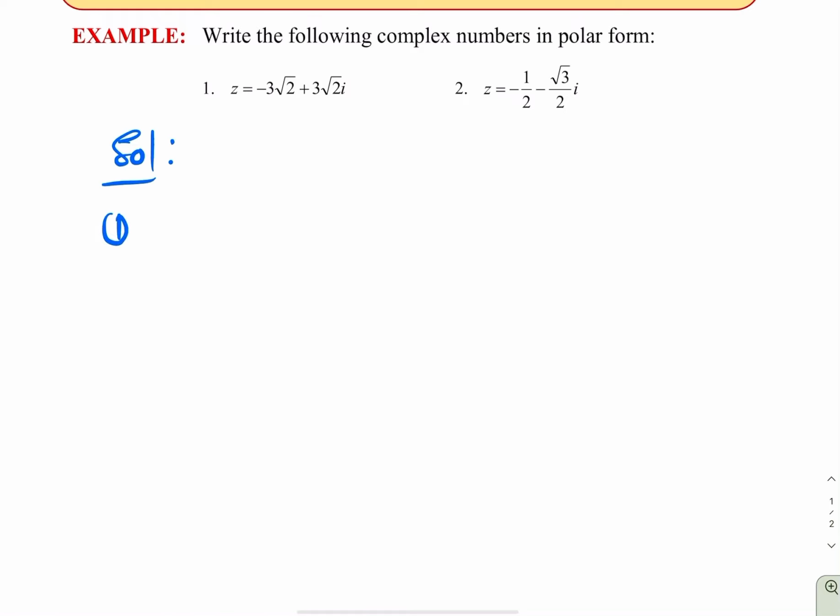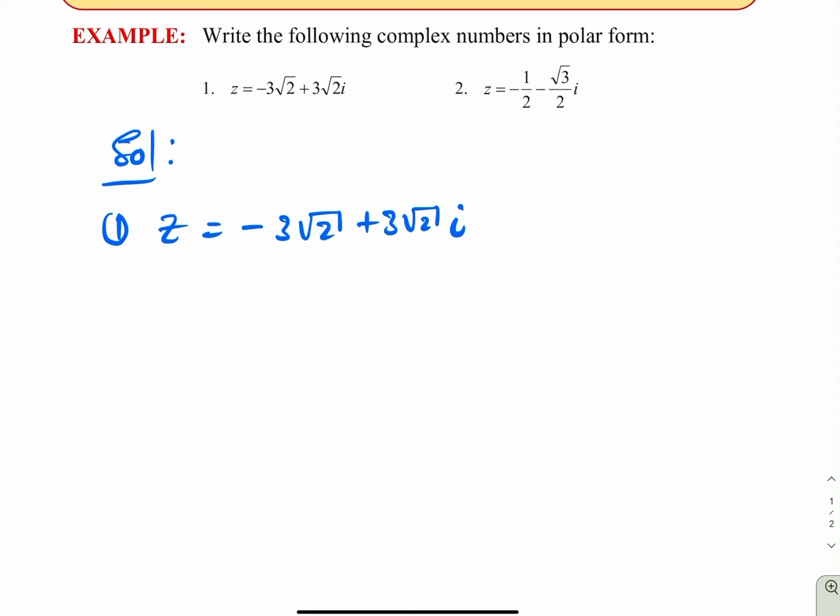Number one, I'm given z equals minus 3 root 2 plus 3 square root of 2 multiplied by i. This can be represented in the Argand plane, where this is your a and this is your b.